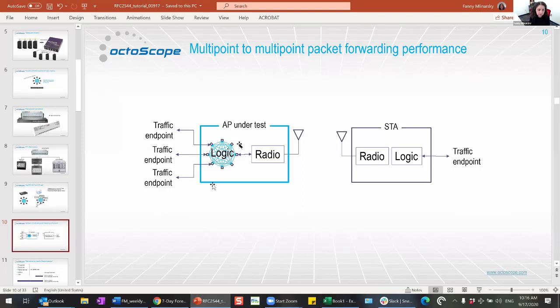And so we isolated the logic. So the logic part, that's the lookup function, lookup table, and shoving the packet into the right interface, right? We have 3 radios, but this is simplified. We have the logic subsystem, and this can lose packets, okay?